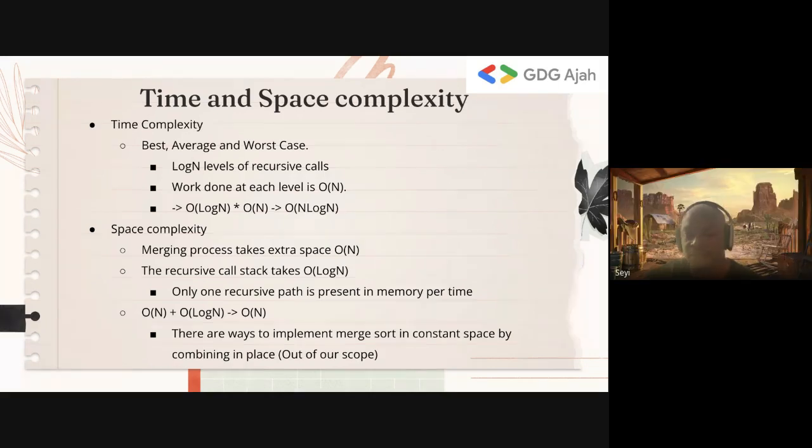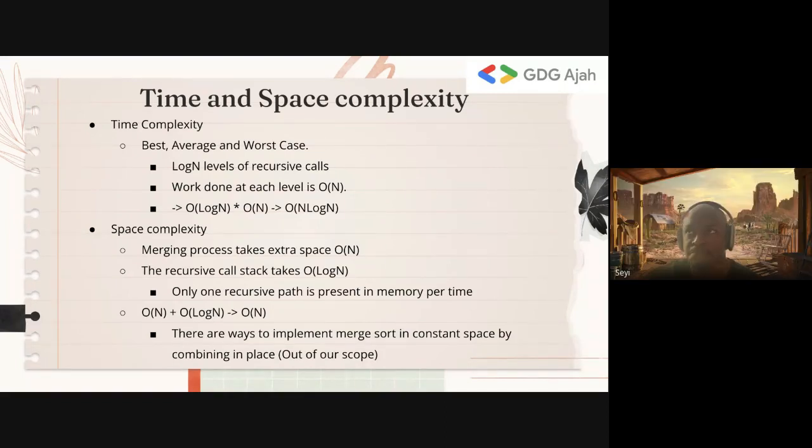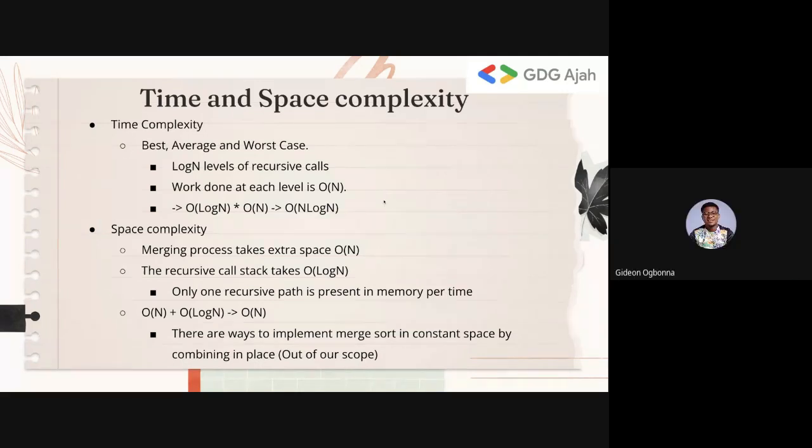So now the question I'm having is, is there a possibility where you can break it into more than two? Yes, you can. I know it's going to take way more extra space, but it's going to be faster. So I don't know if there's something like that.